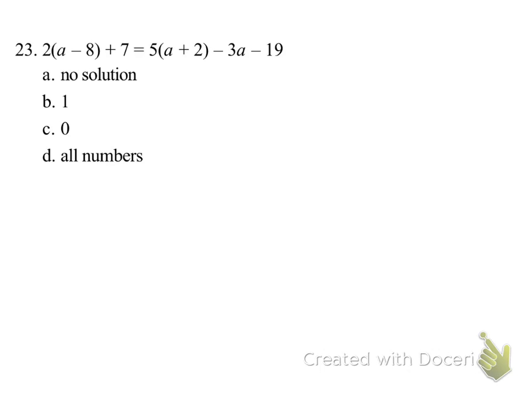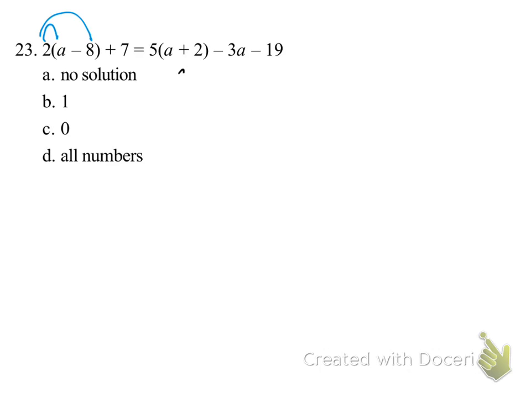The next most missed question was number 23. And in this problem, we need to solve for A, and we're going to do that by using PEMDAS backwards. All right, so the first thing we're going to do is distribute.